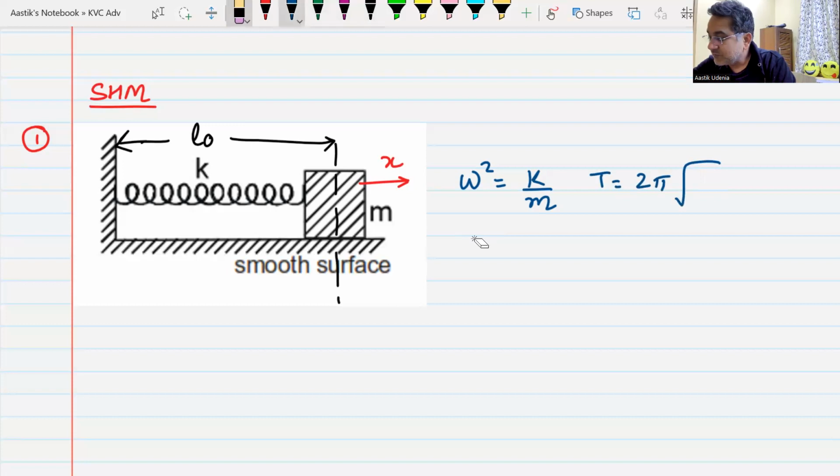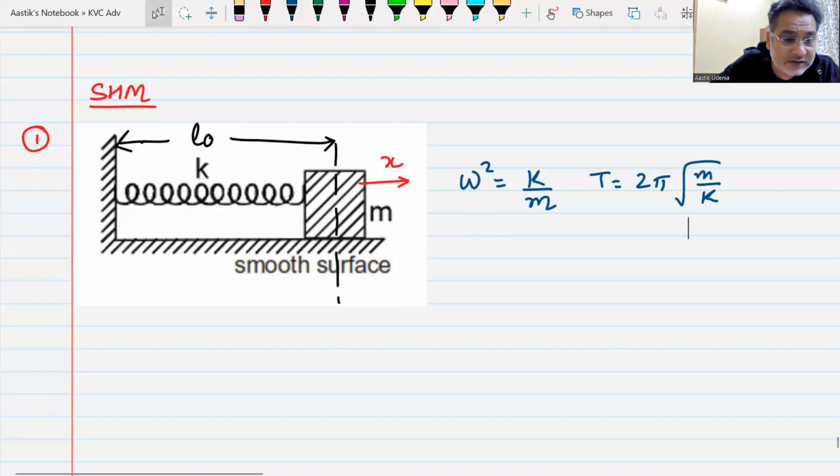Yes, sir. So if a block is kept like this, it will execute SHM, and the omega for this SHM, we don't need to prove it. We understand that the omega for this SHM will remain like this. Yes or no? Yes, sir.